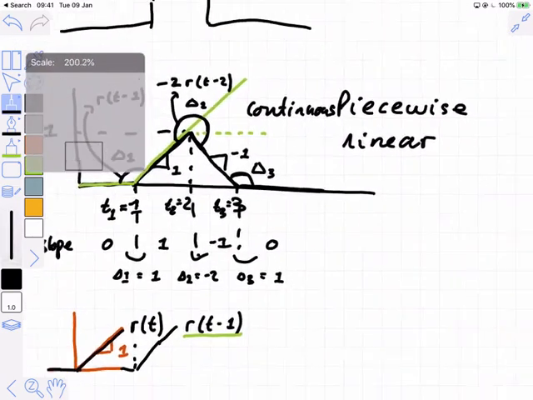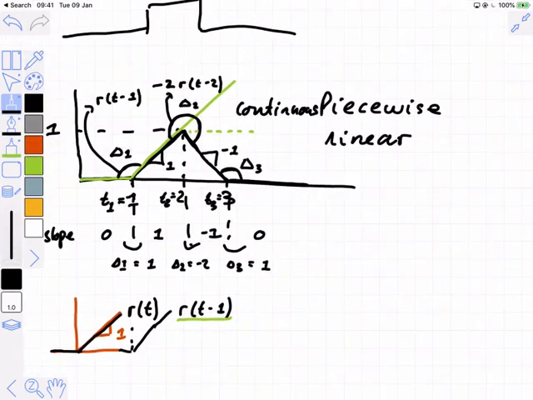And we can see that in general, I can now express any continuous piecewise linear function as the sum of ramp functions in this way. The sum of the change in slope times the ramp function translated by the time at which that change in slope occurs.